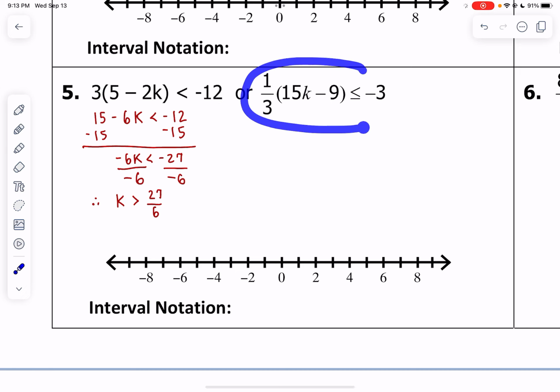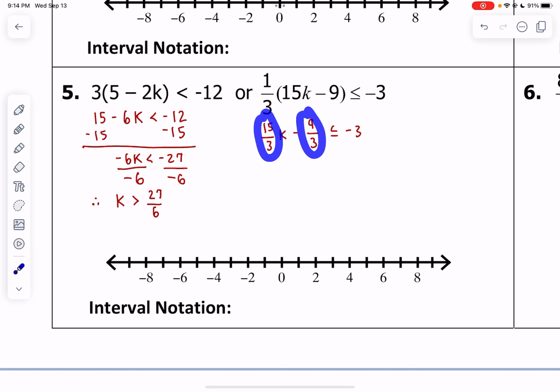Now let's go over to this side. We do the same thing. We distribute the 1 over 3. So you should get 15 over 3k minus 9 over 3 is less than or equal to negative 3. Once we've distributed the 1 over 3, we can simplify these fractions. So you should get 5k minus 3 less than or equal to negative 3.